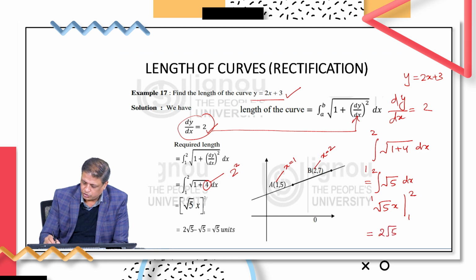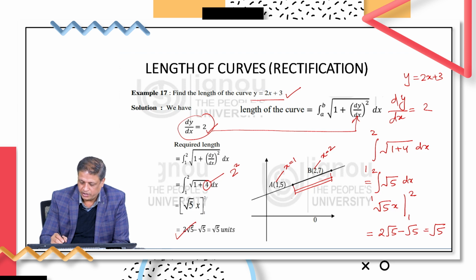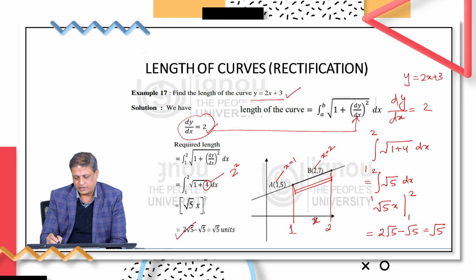You will get the answer 2 root 5 minus square root of 5, which is equal to square root of 5. So, this is the length of the curve for y equal to 2x plus 3 in the interval 1 to 2. This is value 1, this is 2, and this is the x axis.